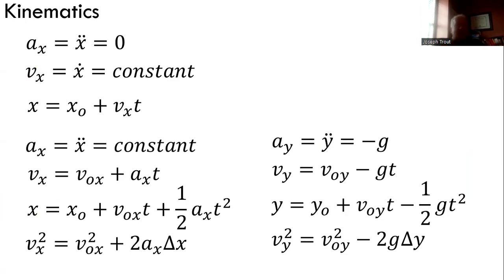And we looked at some special cases. For example, if acceleration is zero, that means velocity is constant. Don't forget, velocity means direction and speed. So if your acceleration is zero, you're moving at a constant speed in a single direction. The reason we study that is we can predict where you'll be.